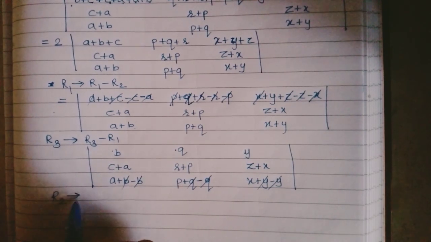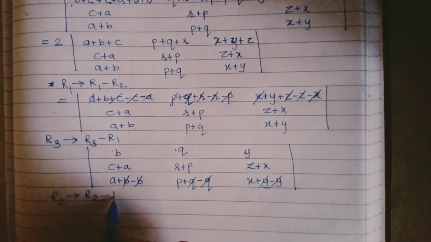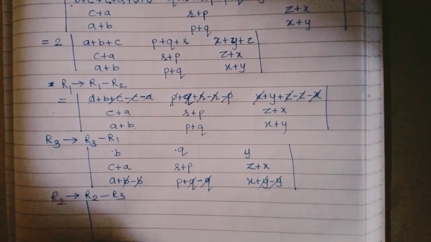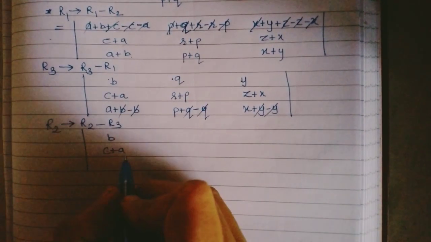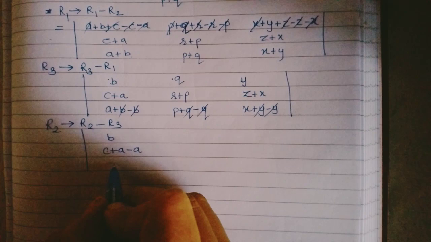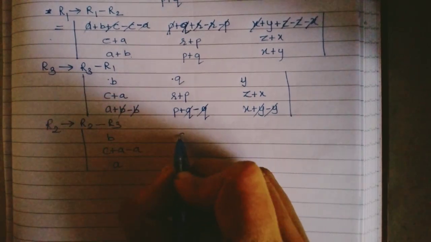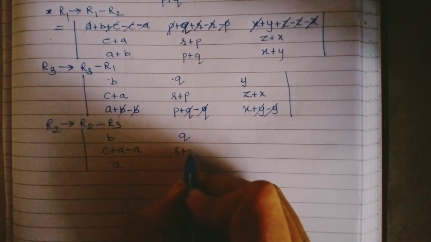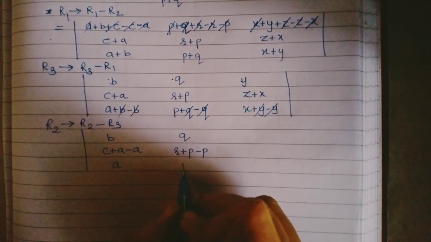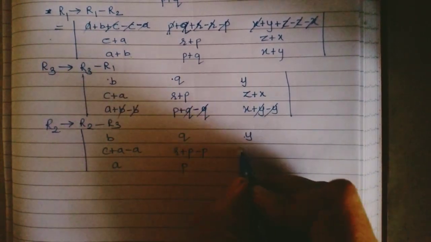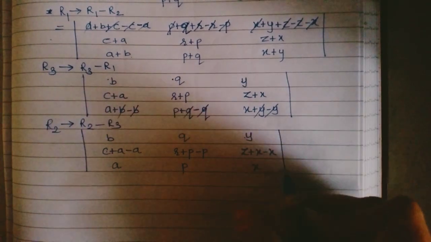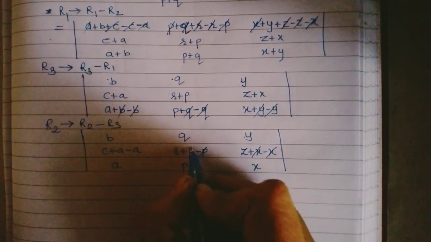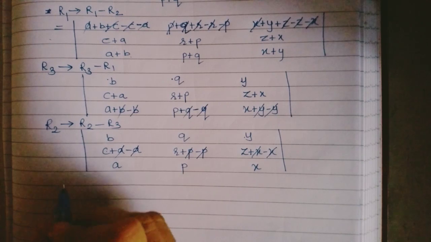So R2 changes to R2 minus R3. So B, C plus A, okay.